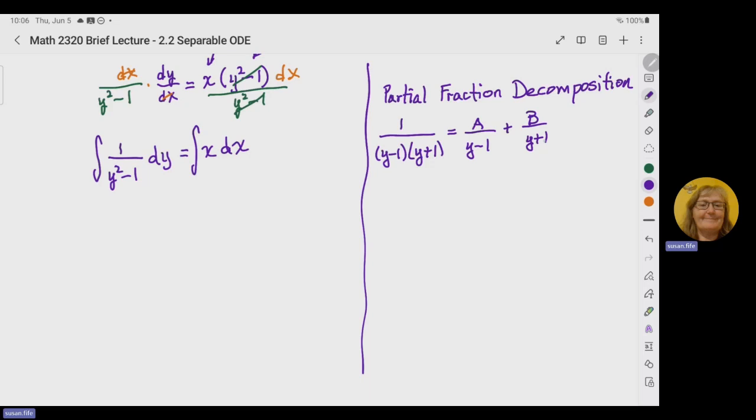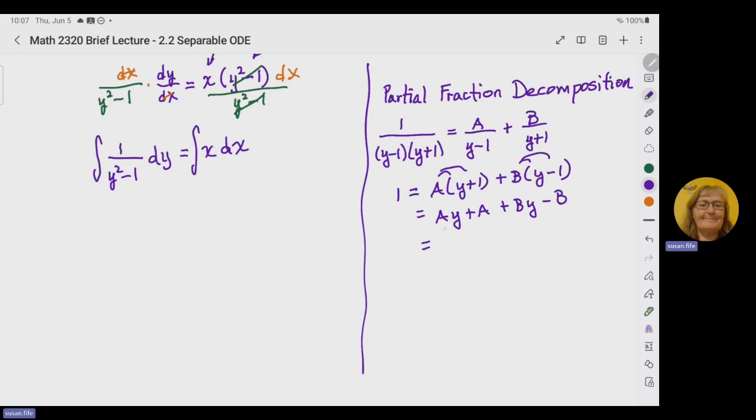And then multiplying through by the common denominator, I get 1 is equal to a times y plus 1, and then plus b times y minus 1. I'll simplify the right side of the equation by distributing through by the a and then distributing through by the b. We get ay plus a plus by minus b.